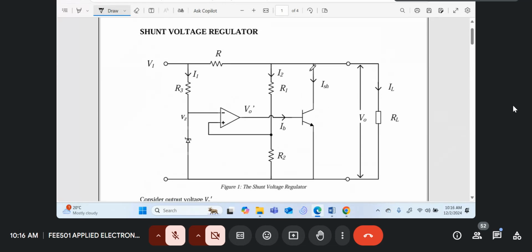Actually, the way this circuit works, normally you design it such that at the correct voltage that you want, I shunt is equal to IL. As the load current increases, I shunt decreases, such that the drop across this R is constant, and therefore the output voltage is constant.